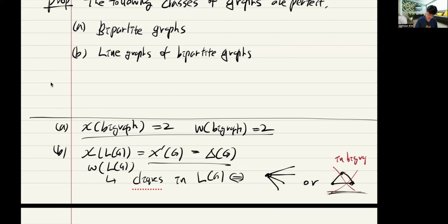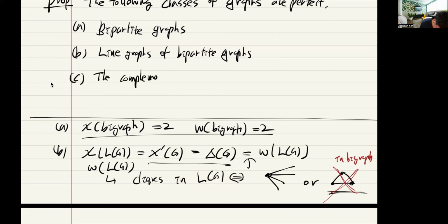In a bipartite graph, this does not occur. So that means this equality also holds. So line graphs of bipartite graphs are perfect.